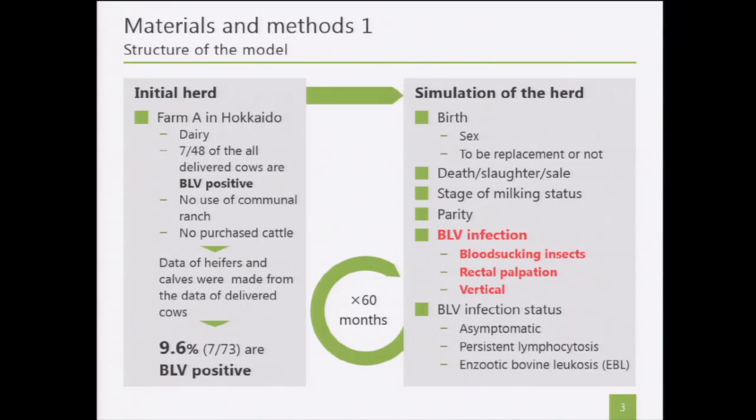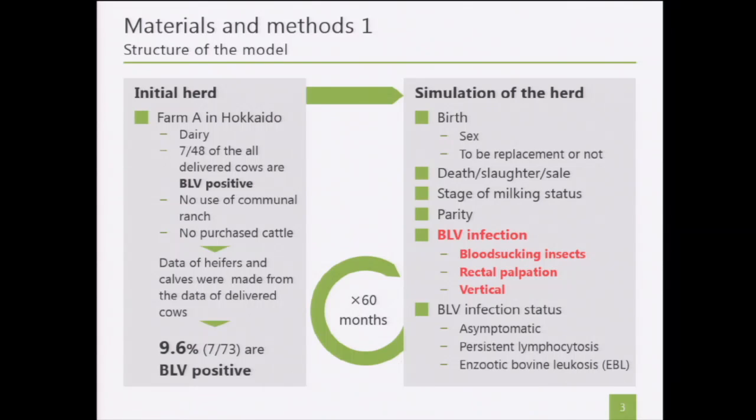The simulation was monthly, and the period was 60 months. The simulated items are as follows: change of the number of cattle by birth, death, slaughter or sale; for newborn calves, sex, and for female calves, whether it will be a replacement cow or not; change of milking status and parity; and BLV infection.